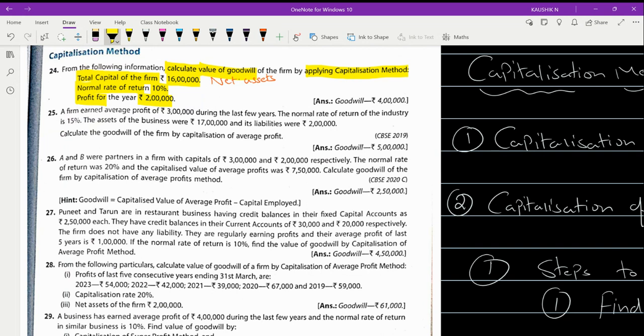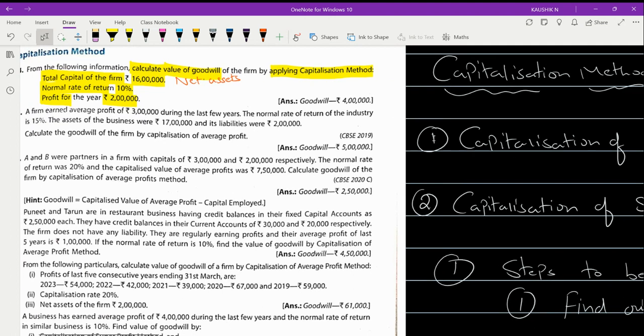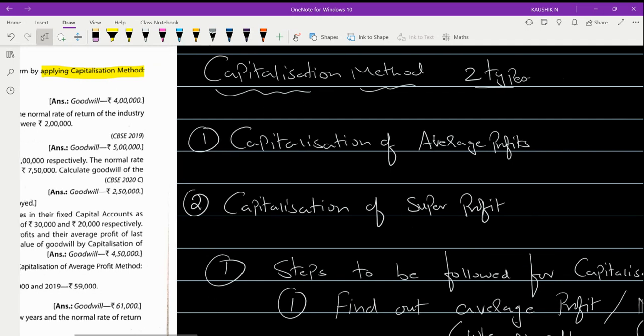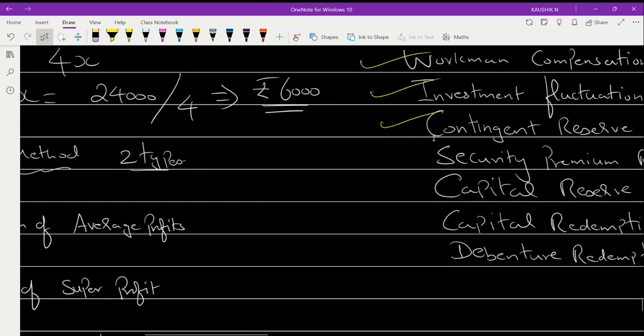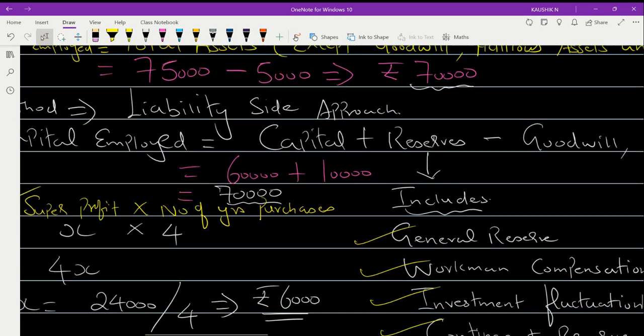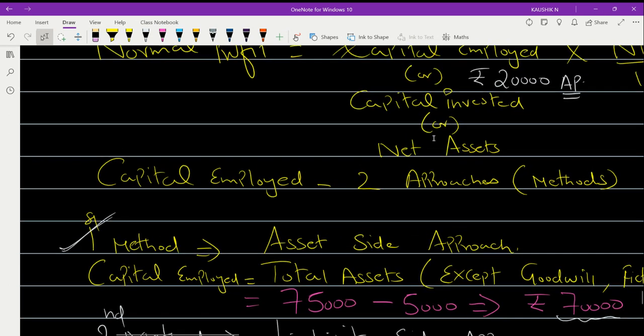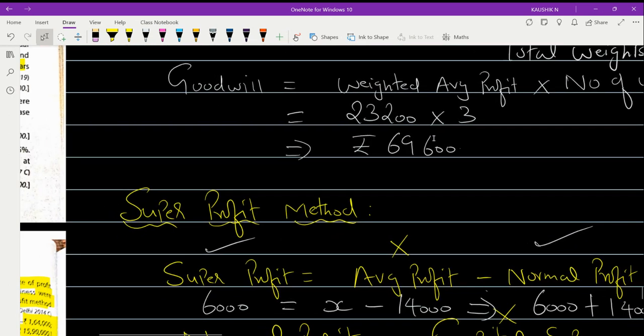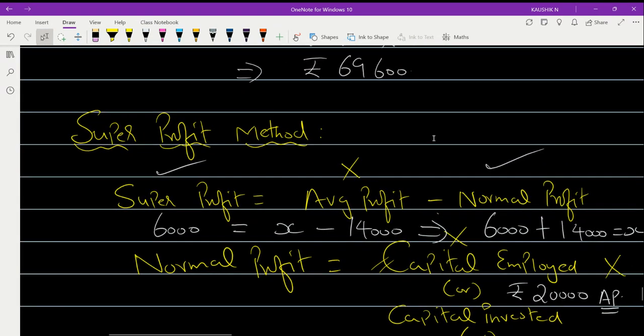Here they have not said how many years. Just remember, for the capitalization method under average profit, you need average profit. And even for the super profit method, which we saw yesterday, we needed average profit. Do you agree?